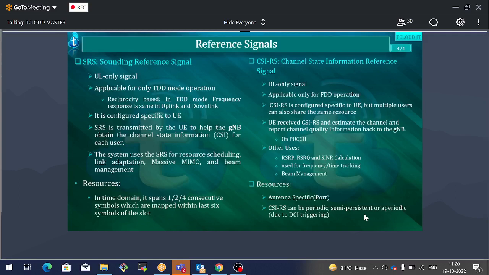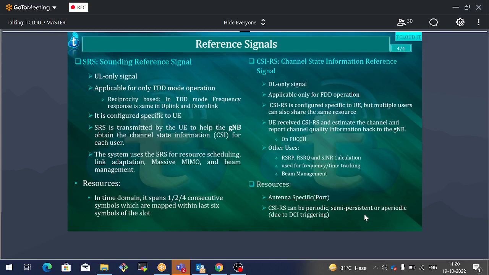So what is the advantage of using the SRS? You do not require to calculate the channel state information and send it. You, meaning the mobile equipment, don't need to report the CSI every now and then.